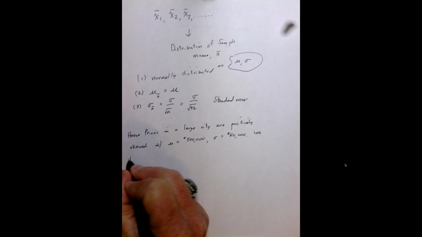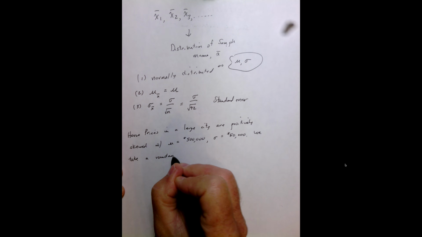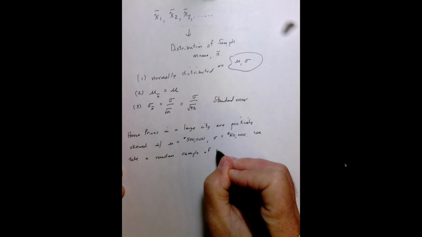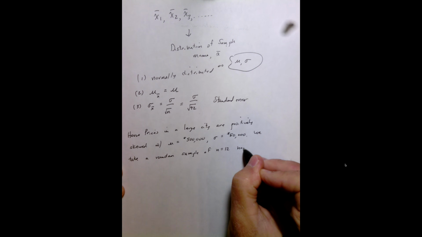We take a random sample of n equal 12 houses.